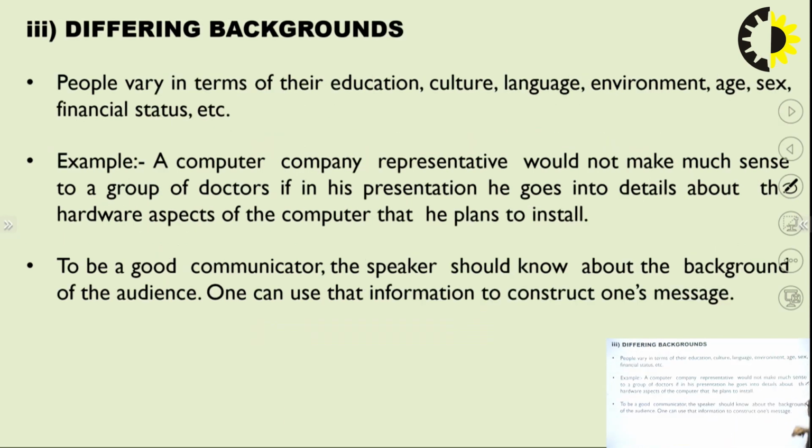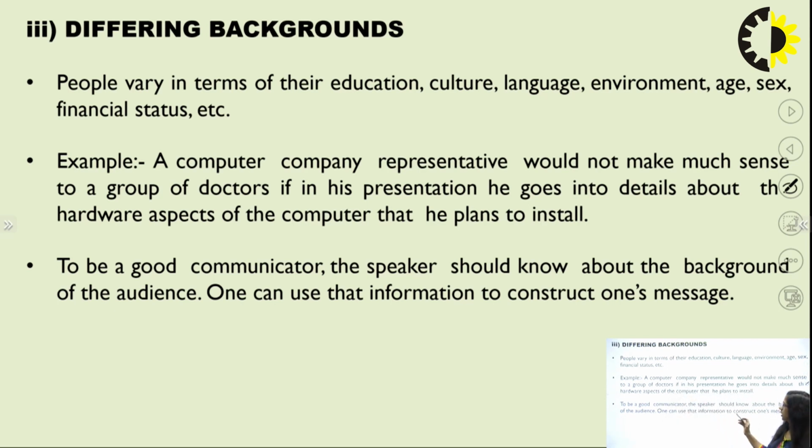Next is differing backgrounds. People vary in terms of their education, culture, language, environment, etc. Like one example is given here. A computer company representative would not make much sense to a group of doctors if in his presentation he goes into details about the hardware aspects of the computer that he plans to install.